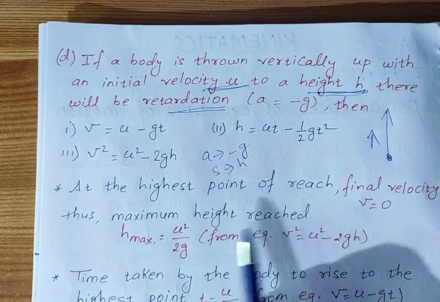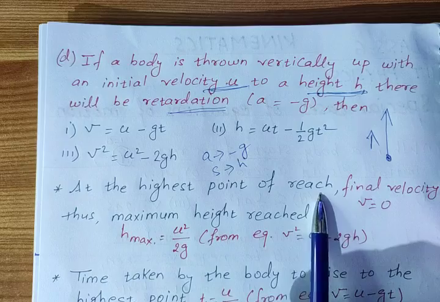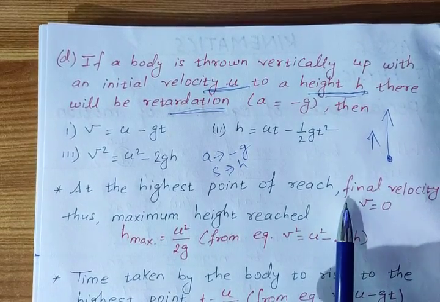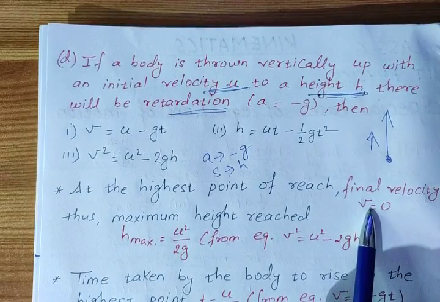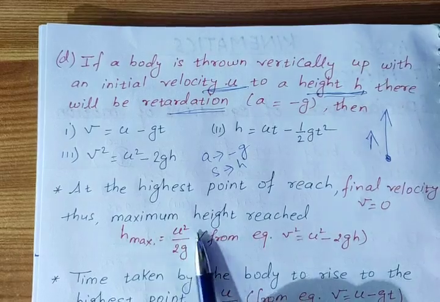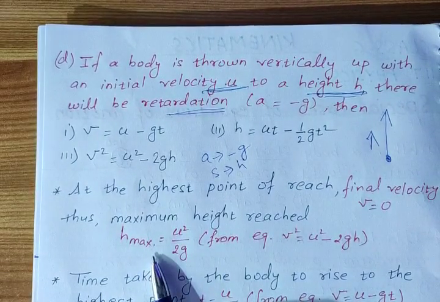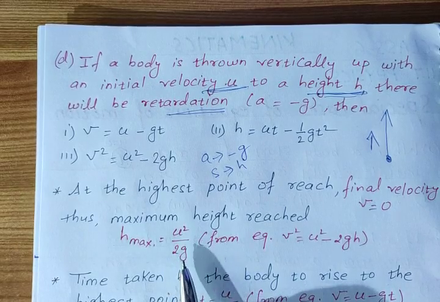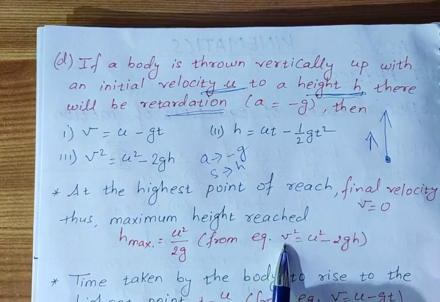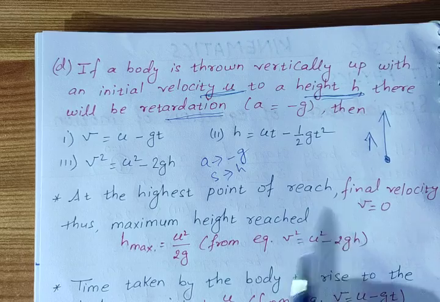So at the highest point of reach, the point of maximum height up to where it can reach, the final velocity will be 0. The maximum height it reached, h maximum, how can you find it? u square by 2g. We can derive this from the equation v square is equal to u square minus 2gh. See how?